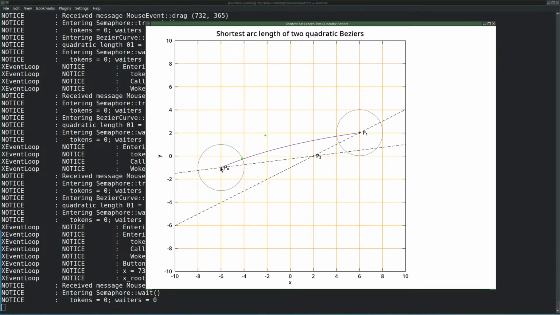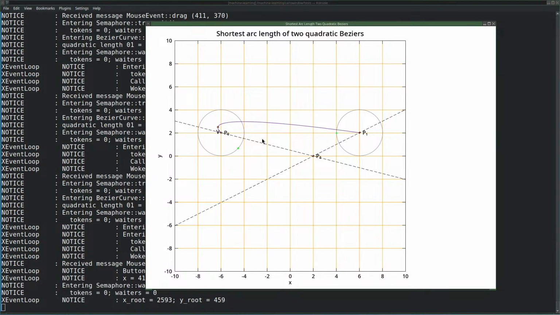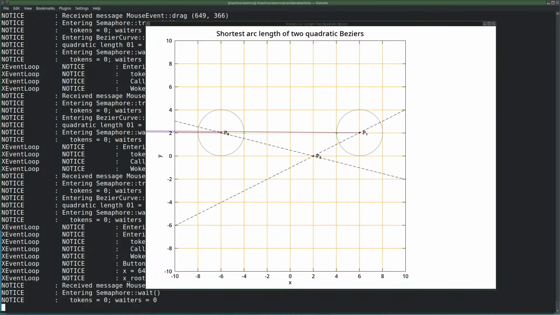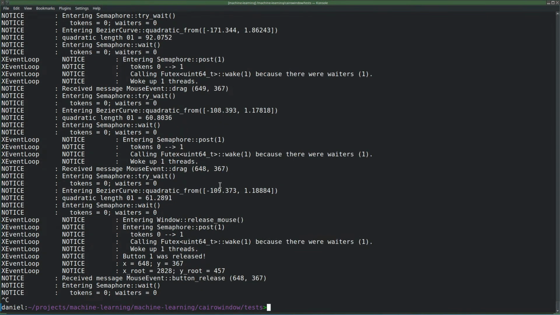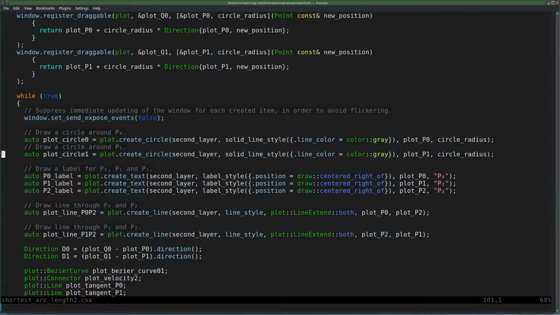Huh? Never going to be able to do that. Never. No way. It's pretty annoying.